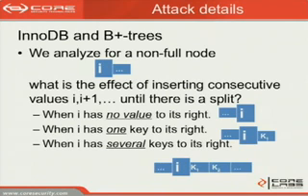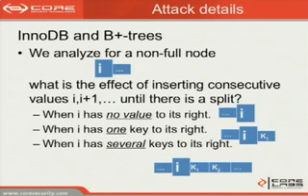So the attacker only knows that there's one node in which the rightmost, the biggest value, is I. Another case is the same, but when there's only one value to the right, which I call K1, and the other case is when there are several values, K1, K2. These nodes are not full, and let's see what happens if we add values I plus 1, I plus 2, I plus 3 until there is a node split.